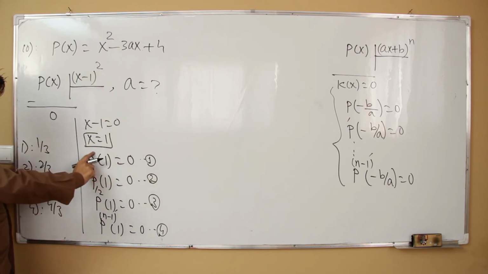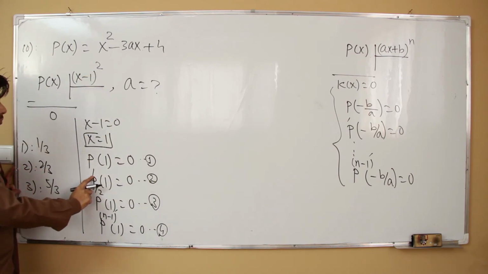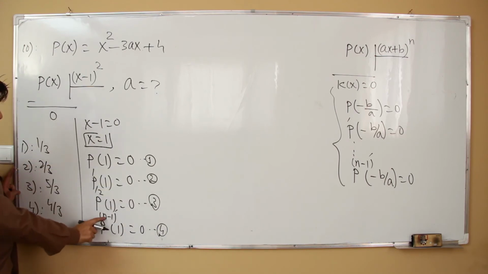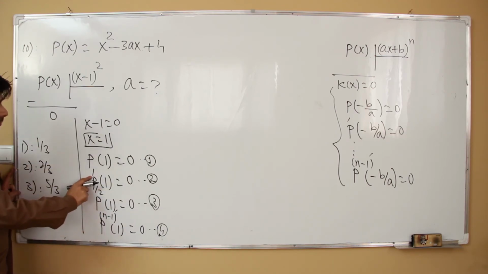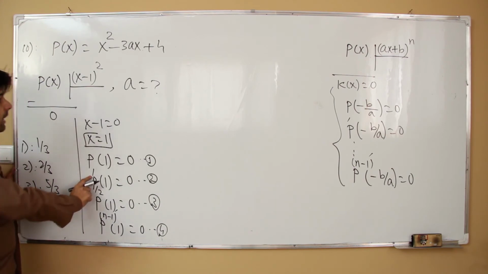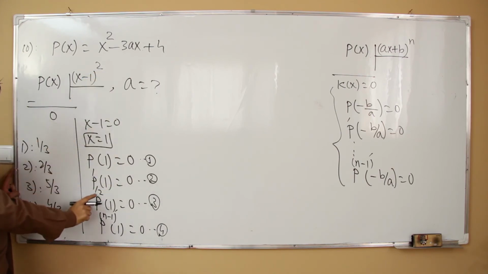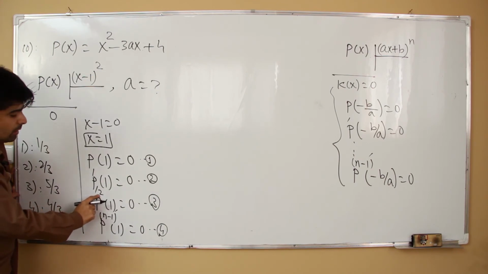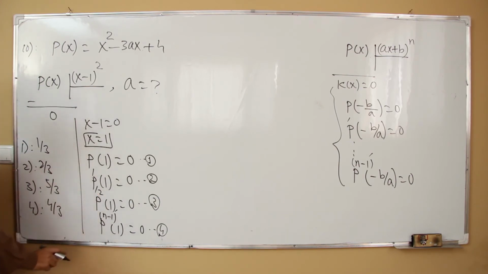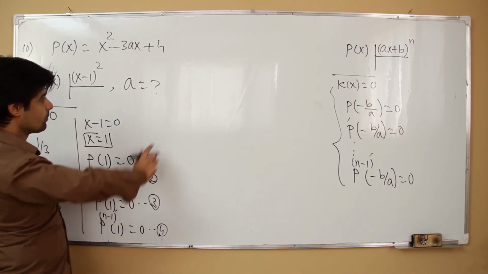So P(1). Why P(1)? Because 2 minus 1. It means you can take the derivative up to the first form. If this were x minus a to the power 3, or cube, then you could find the derivative up to n minus 1, I mean up to the second form. Now in here, P(1) should be 0.